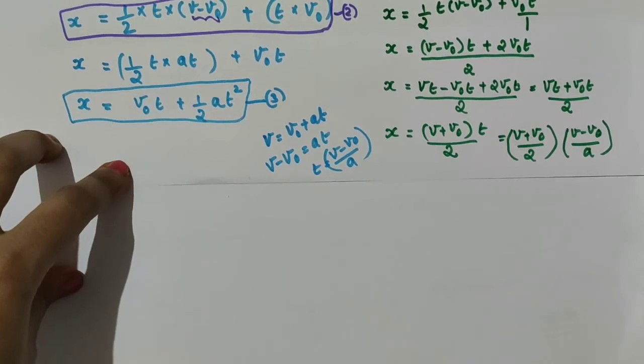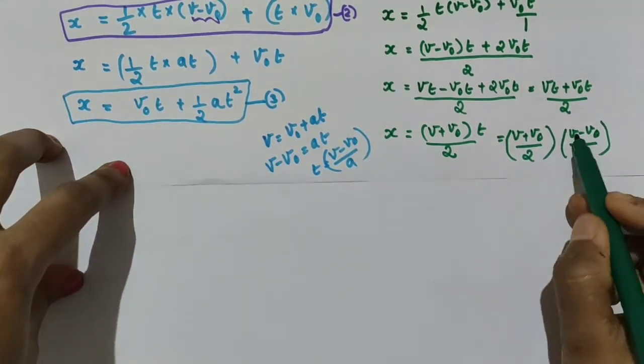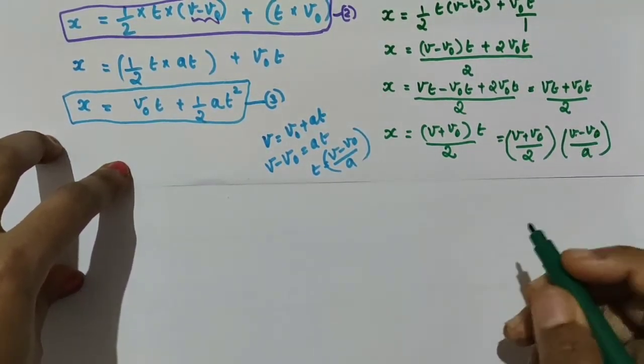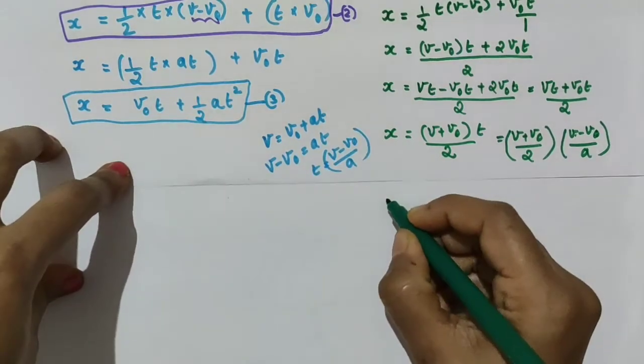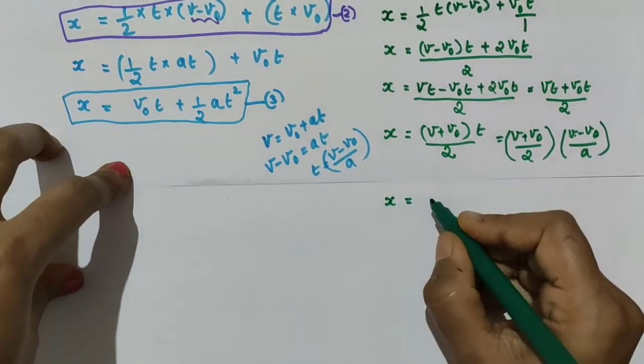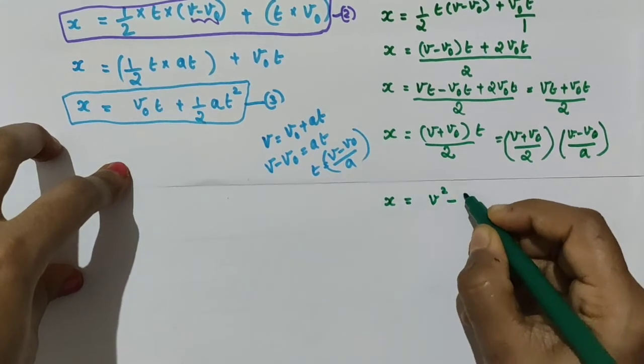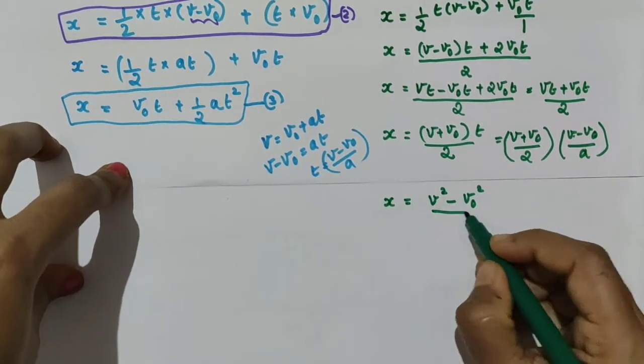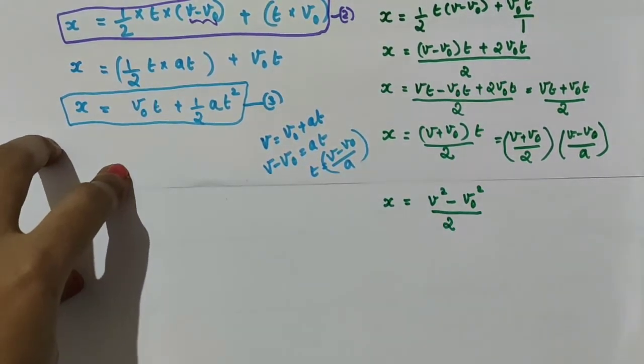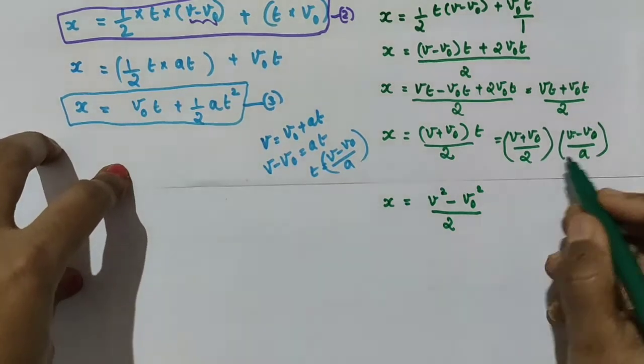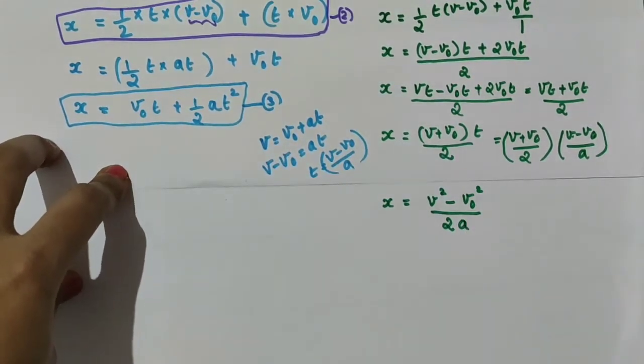Okay, now you see this is in the form of a plus b into a minus b, that is a square minus b square. So this can be written as X is equal to V square minus V0 square, divided by 2 into A, so 2A.